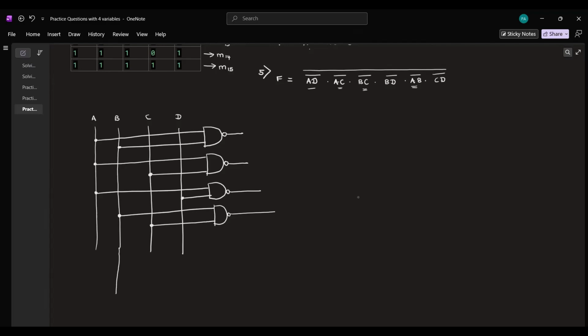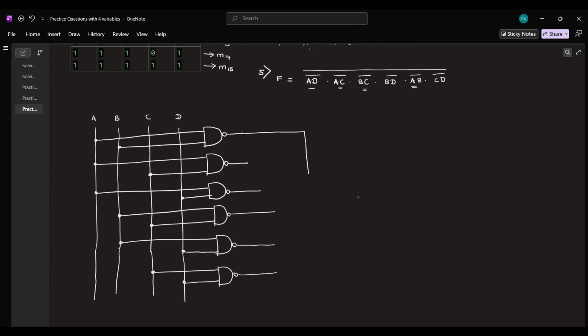So we will need bigger lines here, input lines. So B and D will require a NAND gate. We will give them a NAND gate. And then C and D will require a NAND gate. We will give them a NAND gate too.